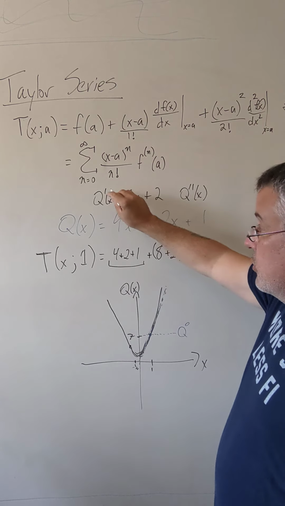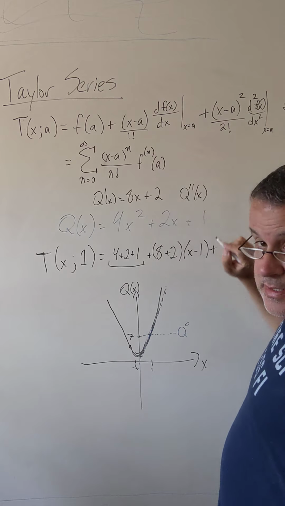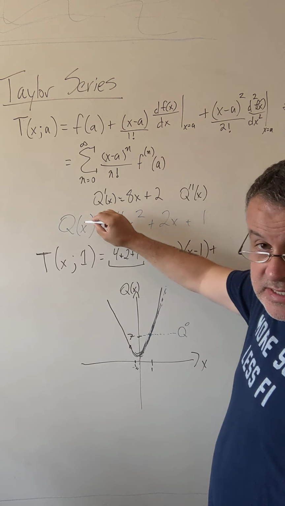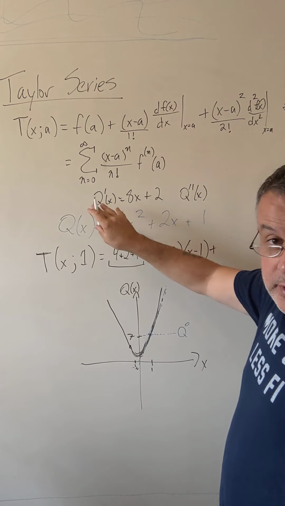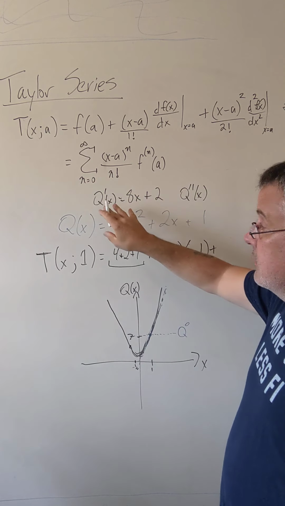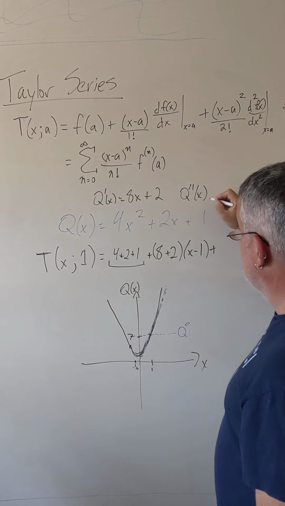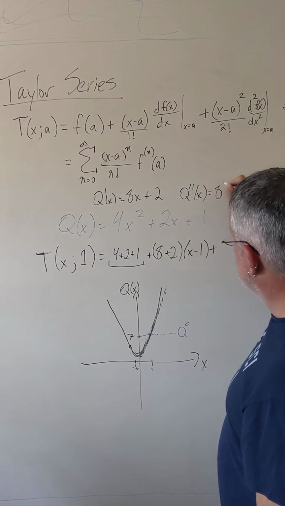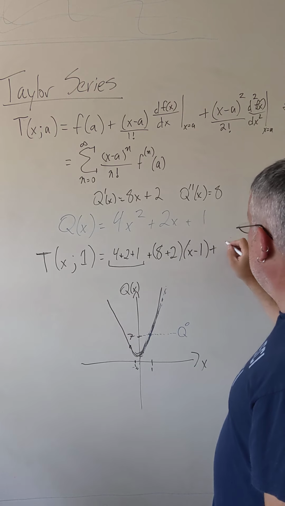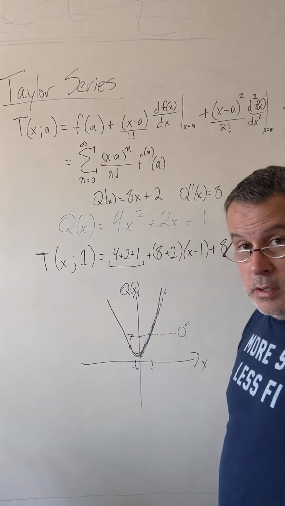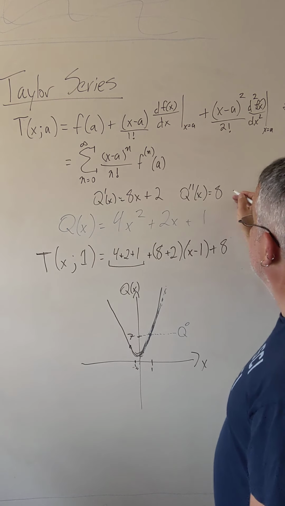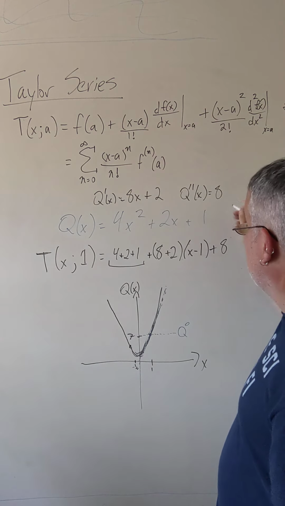I could have also used a parentheses and a 1, a parentheses and a 2. I could have also written d by dx. All of those are equivalent notations for taking the derivatives of a function that depends on only one variable. 8. So now it's just a constant, 8. It doesn't depend on x, we don't need to evaluate it at a.